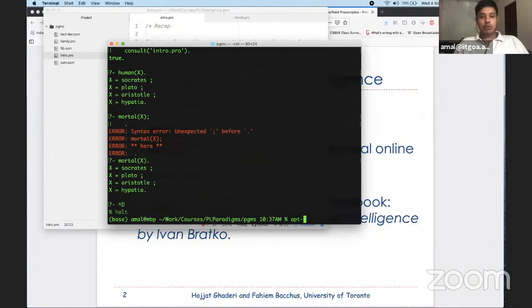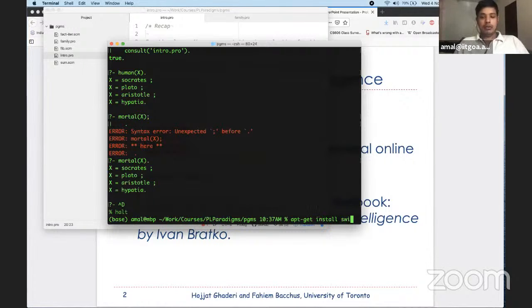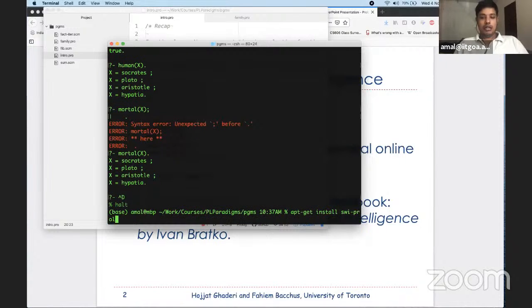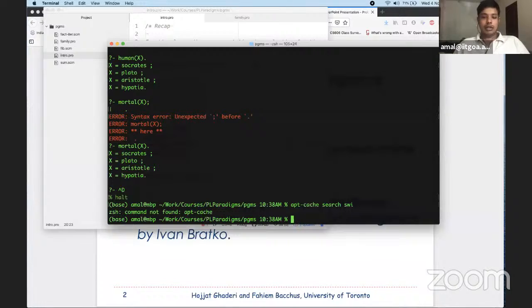Those who are in Ubuntu or similar, you just type apt-get install swi-prolog. You can also search with apt-cache search SWI, which will show you all the packages with SWI somewhere, and then you find out which is SWI Prolog and install it.